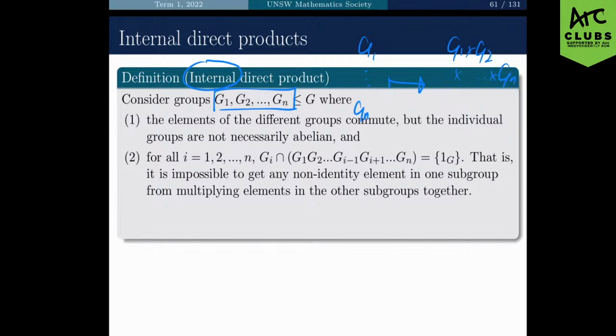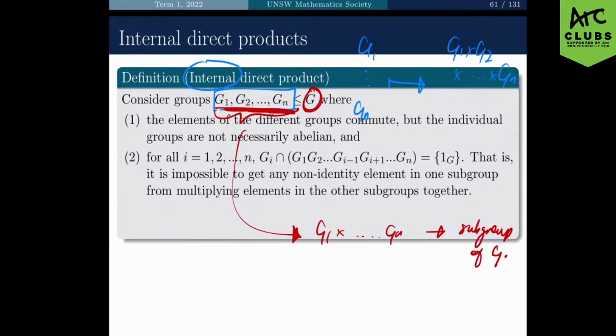In this case, we don't want to create an entirely new group. We just want to take these groups and use them to form another subgroup of G. So all of these groups, G1 to Gn, are subgroups of G, but we don't want to create a new group. We want to use these groups and somehow map them to another subgroup of G.